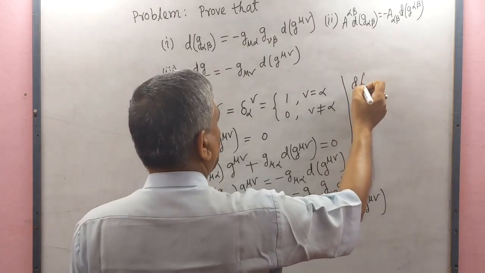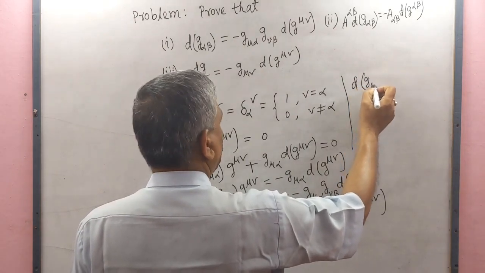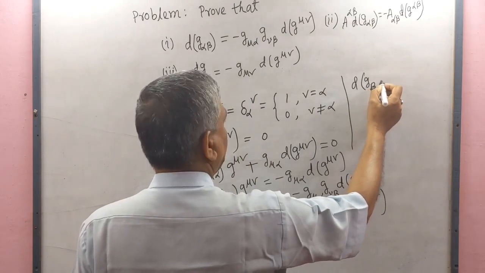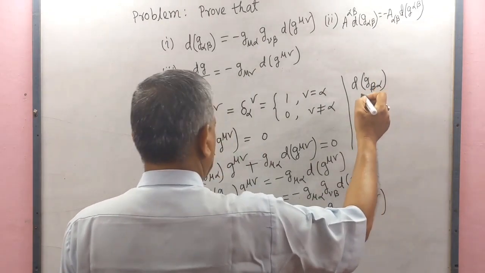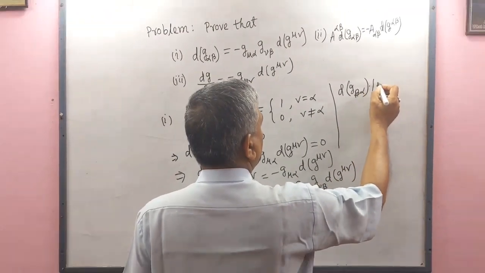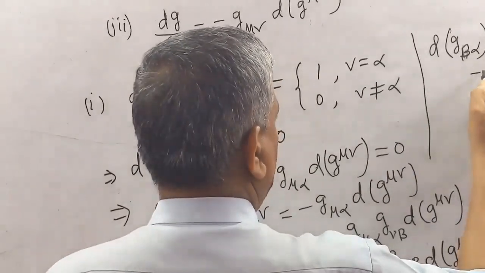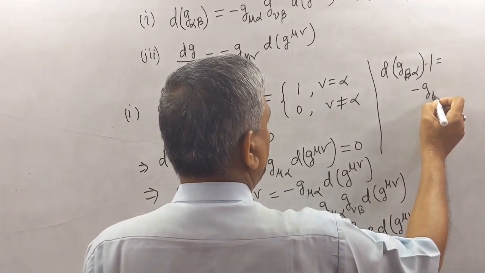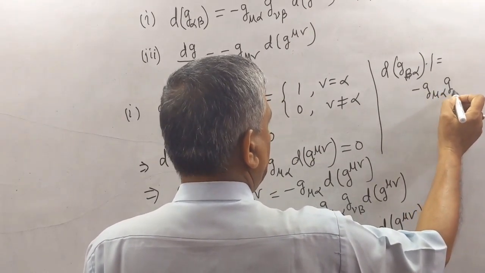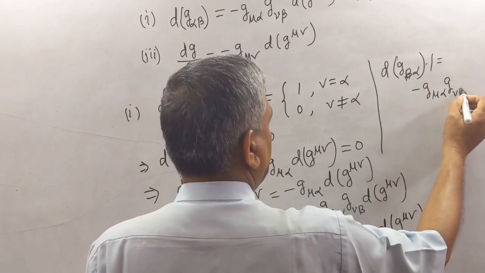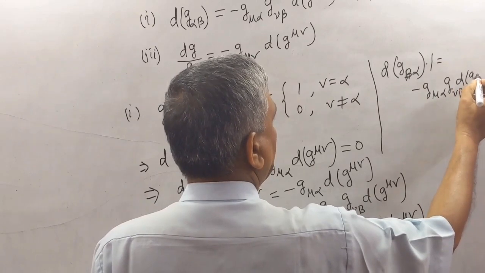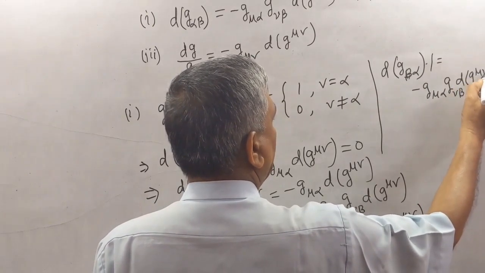d g mu, the value of mu is beta, beta alpha, this is 1, equal to minus g mu alpha g nu beta d g mu nu.